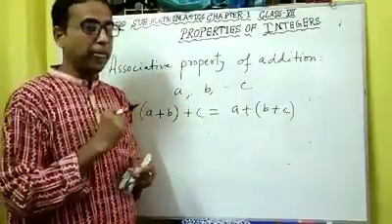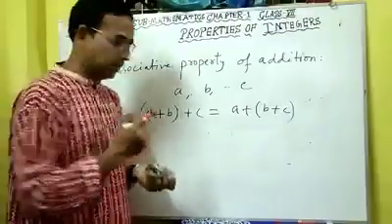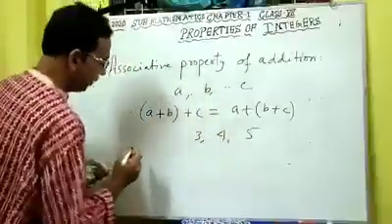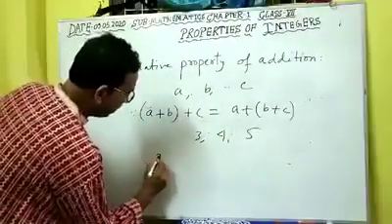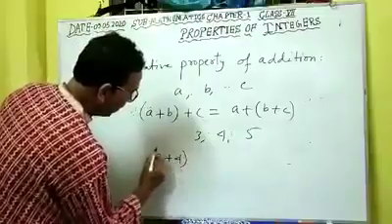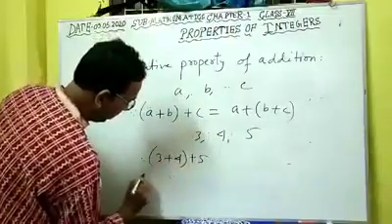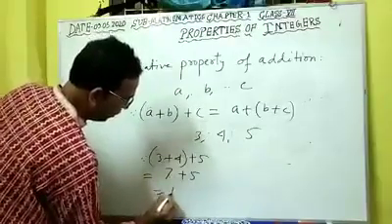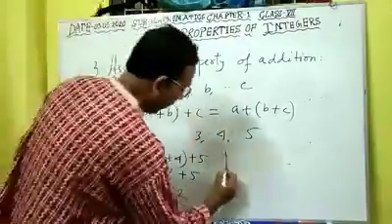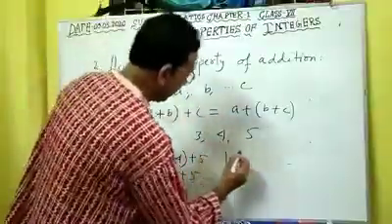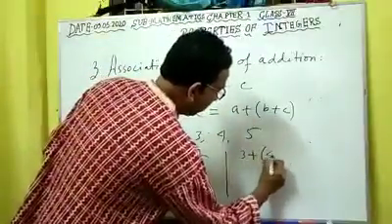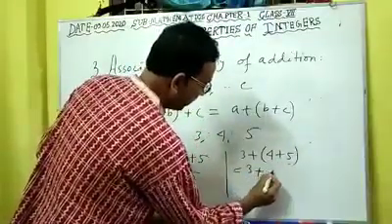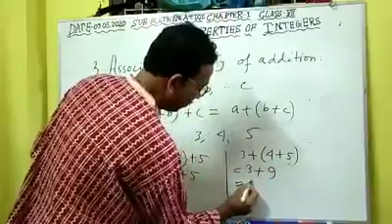For example, consider any three integers 3, 4 and 5. Then (3 + 4) + 5, 7 plus 5 is equal to 12. Again 3 + (4 + 5), 3 plus 9 is equal to 12.